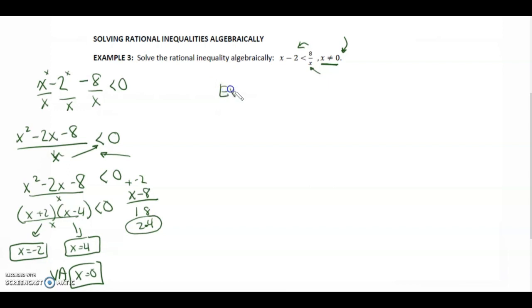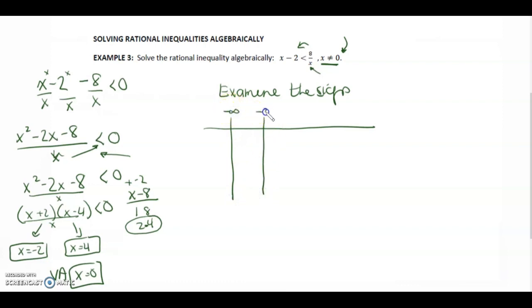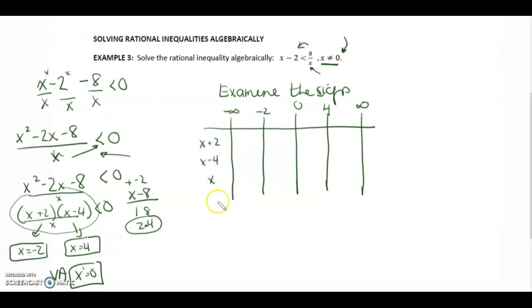So let's examine the sign. Negative infinity, negative 2, 0, 4, and infinity. We're going to take all three of these terms, x plus 2, x minus 4, and x, put them on the left-hand side, and fill out our chart with our signs.